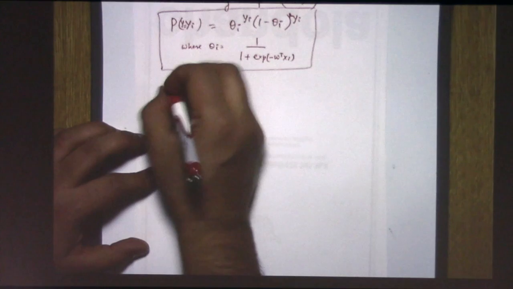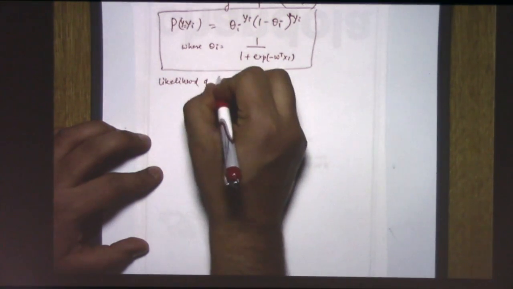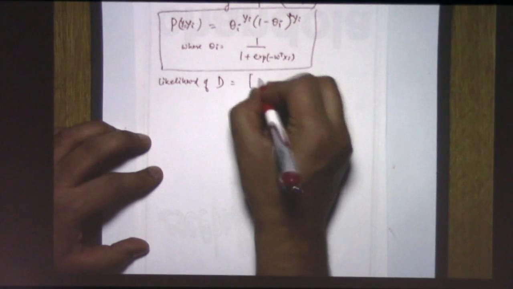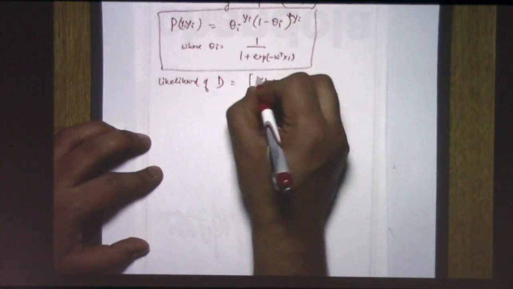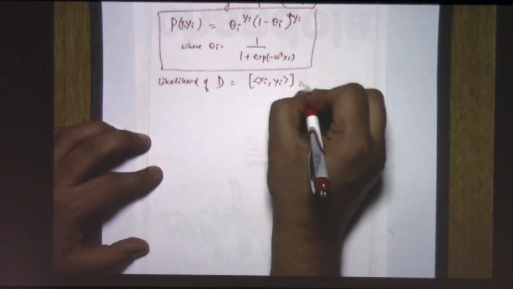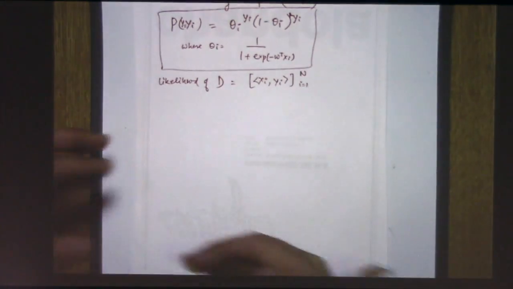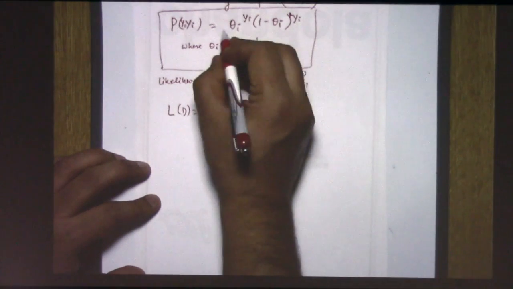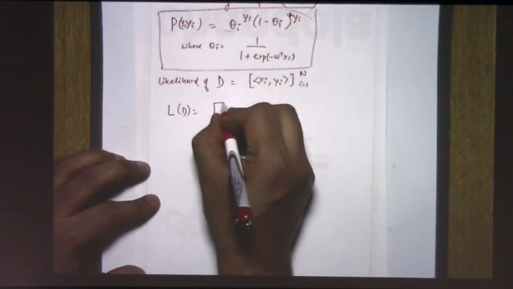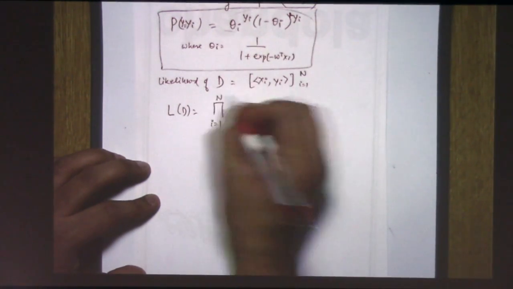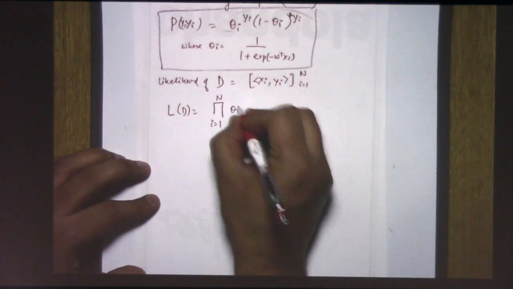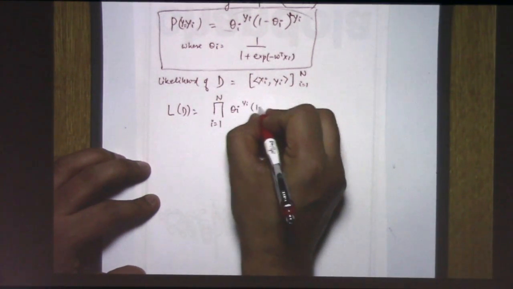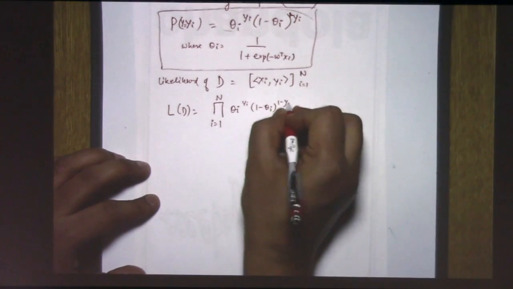Which means that the likelihood of my entire data set, likelihood of D, where D is basically a set of these xi's, yi's, i equal to 1 through n. So if you have n data points, then the likelihood L of D is just the product of all of these, right? So it is product i equal to 1 through n, theta I to the yi, 1 minus theta I to the 1 minus yi.